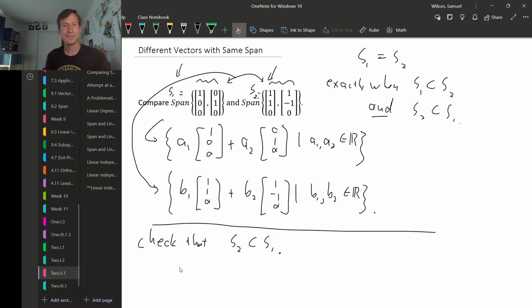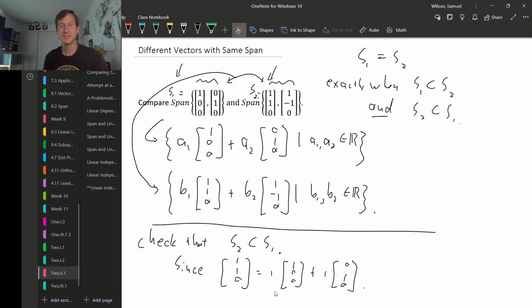Well, first of all, 1, 1, 0 is 1 times 1, 0, 0 plus 1 times 0, 1, 0. So what we've done here is express 1, 1, 0 as a linear combination of these two, which are the two vectors that we're taking the span of. So this shows that 1, 1, 0 is in the span of 1, 0, 0 and 0, 1, 0.